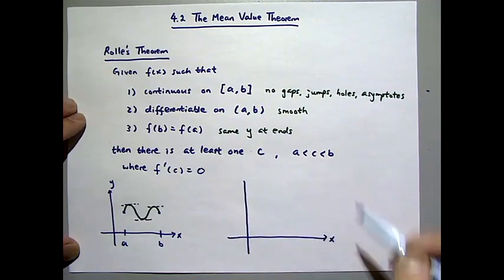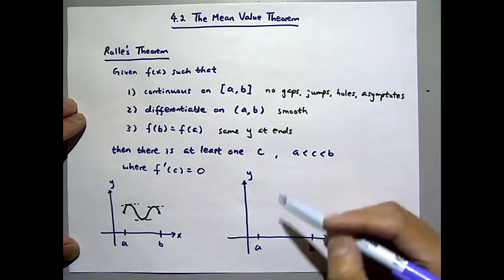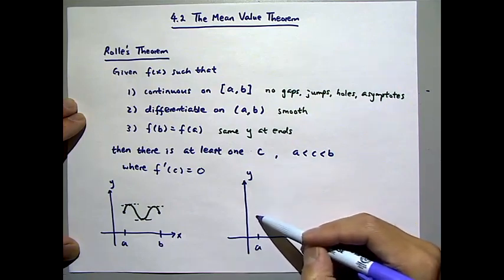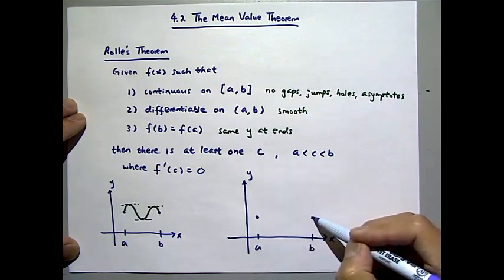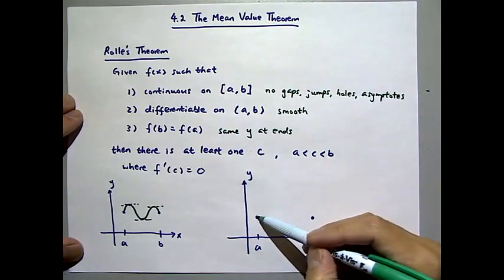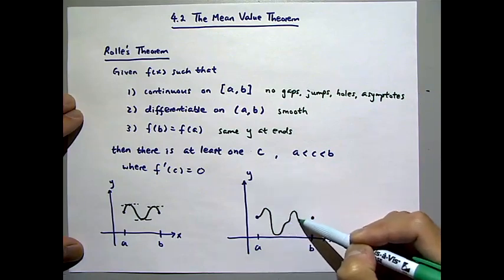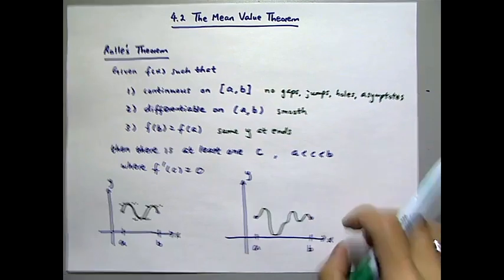Let's sketch another one. Here's a and here's b. As long as you have the same starting and end y values, you can sketch whatever you want. Something like that, right?